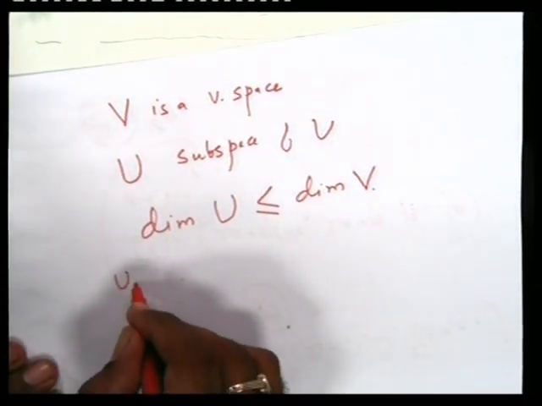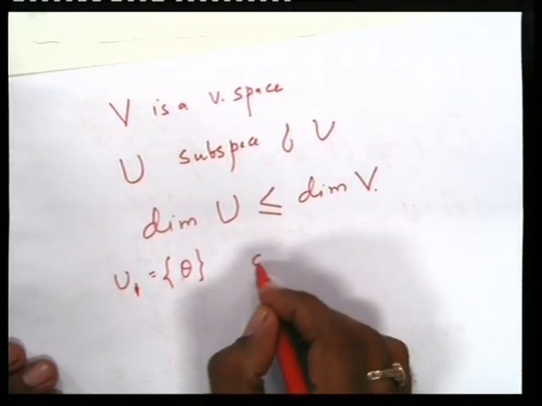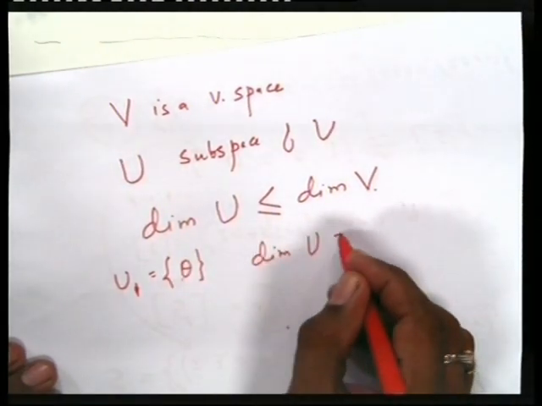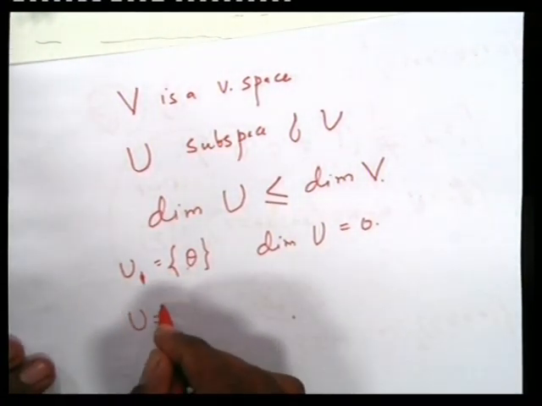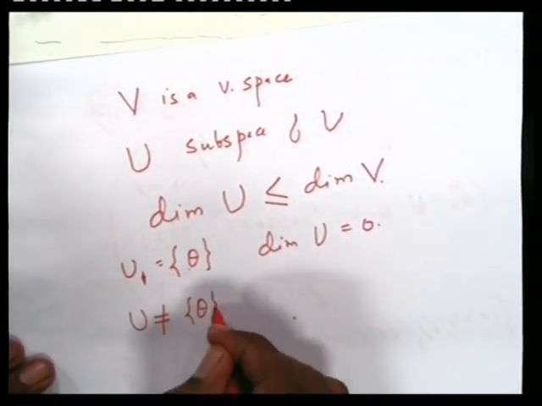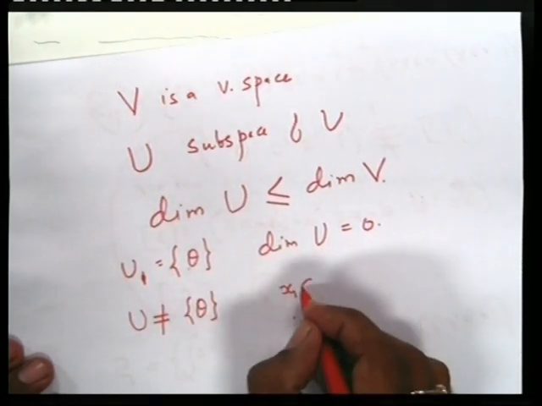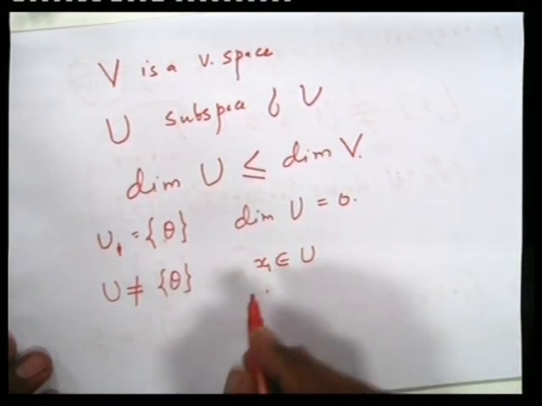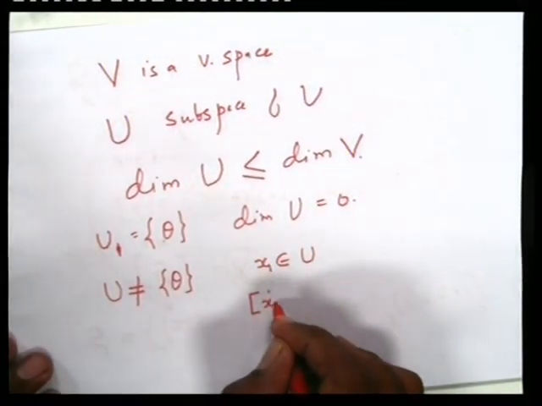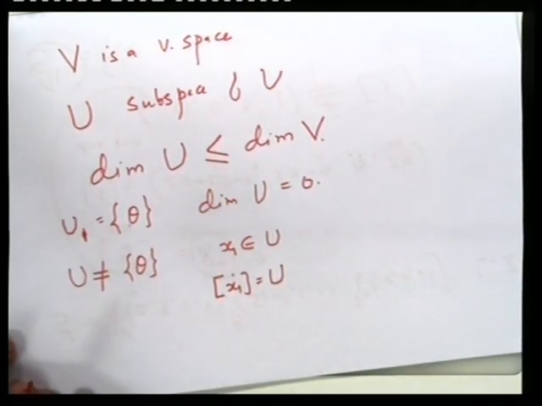If U is the zero space, then definitely the dimension of U is 0. But if U is not the zero space, then x1 will be some vector which belongs to the subspace U. And if the span of x1 is equal to U, then the dimension of U is equal to 1.